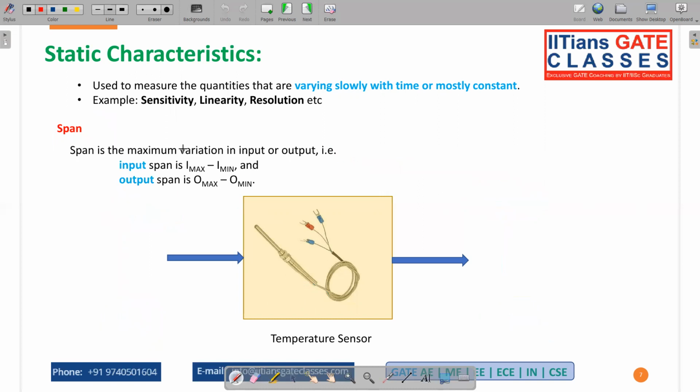Similarly, you have span. What is the span? Span is the maximum variation in the input and output. In the previous example, this RTD varies temperature from 0 degrees Celsius to 100 degrees Celsius, and the output varies from 10 ohms to 50 ohms. So what is the input span?